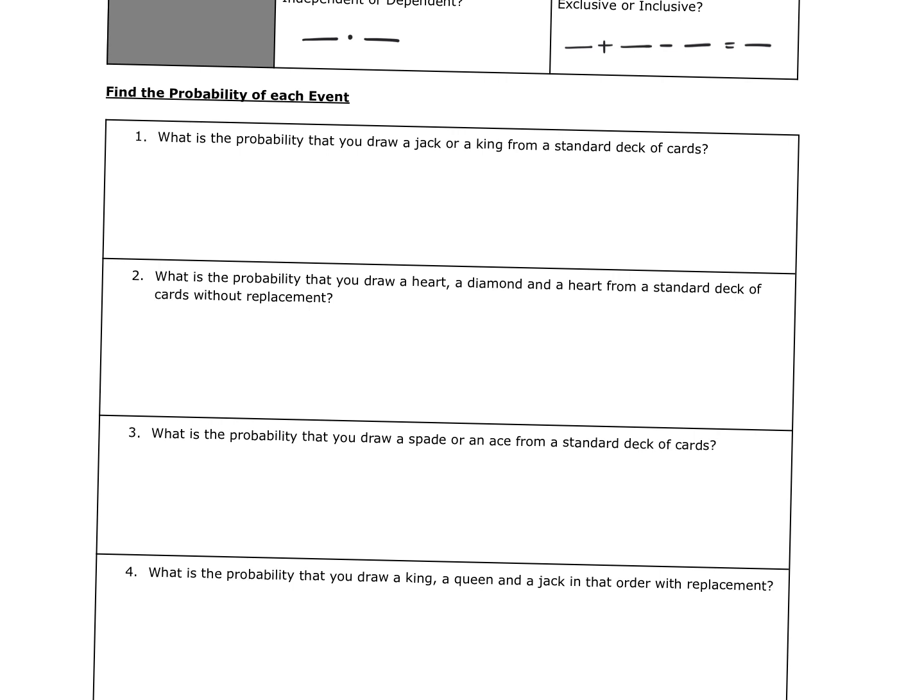What is the probability that you draw a jack or a king from a standard deck of cards? Well, I read this word "or" right here, so that tells me right away I'm going to set it up like this: plus this, minus this, equals this. They're talking about a standard deck of cards, so I know my total is going to be 52, because there are 52 cards in a deck.